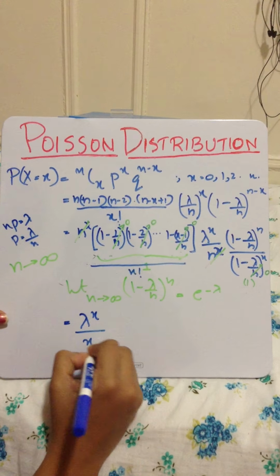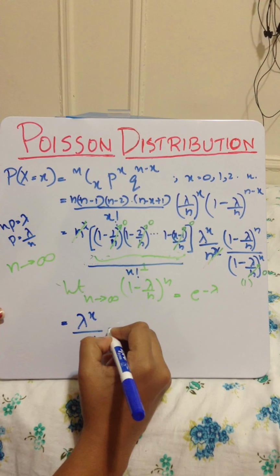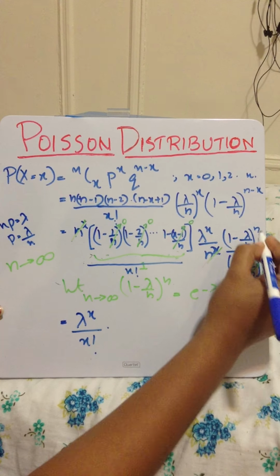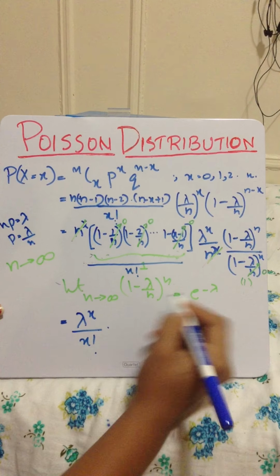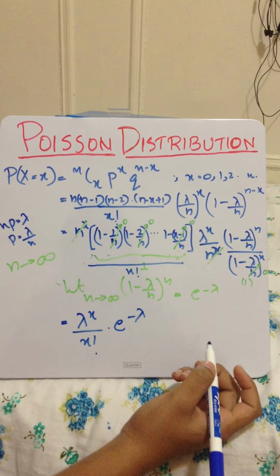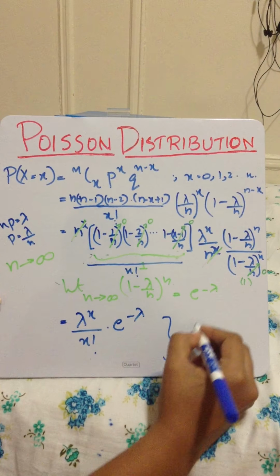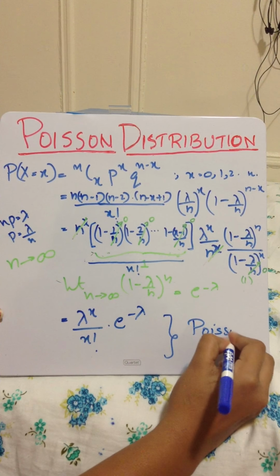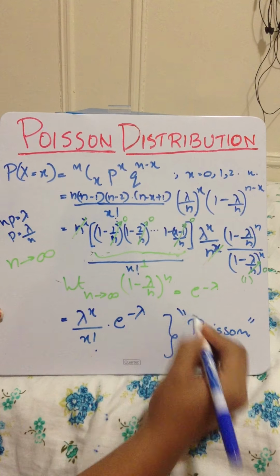Lambda raised to x by x factorial into this term I am replacing with e raised to minus lambda. This is, as we have seen earlier, the Poisson form.